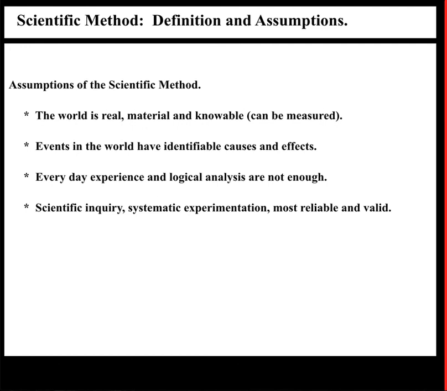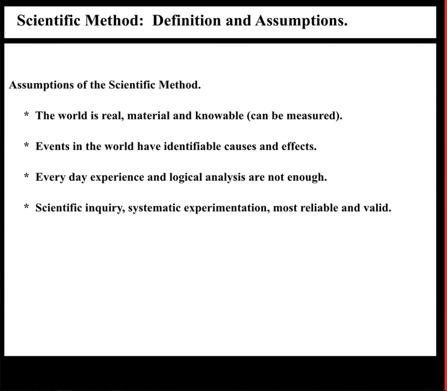So the assumptions of the scientific method. The world is real, material, and knowable, that it can be measured. That's an assumption of the scientific method. Another assumption, events in the world have identifiable causes and effects.